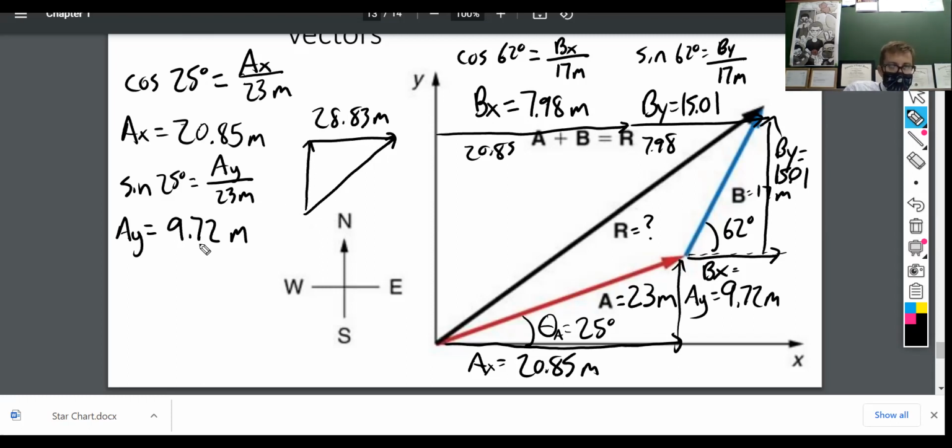So my y's were 9.72, remember, from A, and 15.01 meters from B. So I'm going up here, 9.72 plus 15.01. So that's 24.73 meters up. Okay, 9.72 from A, 15.01 from B equals 24.73 up.